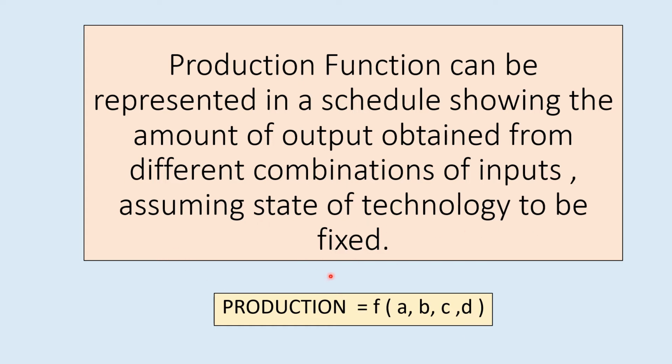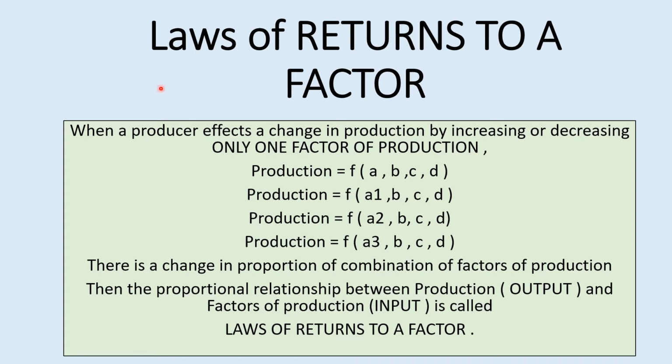Assuming the state of technology to be fixed, in whatever laws we will be learning in economics, all the state of technology को हम fixed ही assume करेंगे, otherwise हमारा law जो है वो standard नहीं बन पाएगा. So we say that production is a function of all the different inputs A, B, C and D, assuming the technology to be constant.